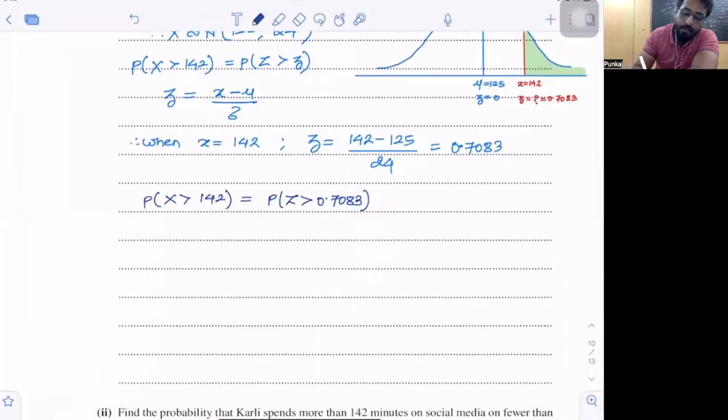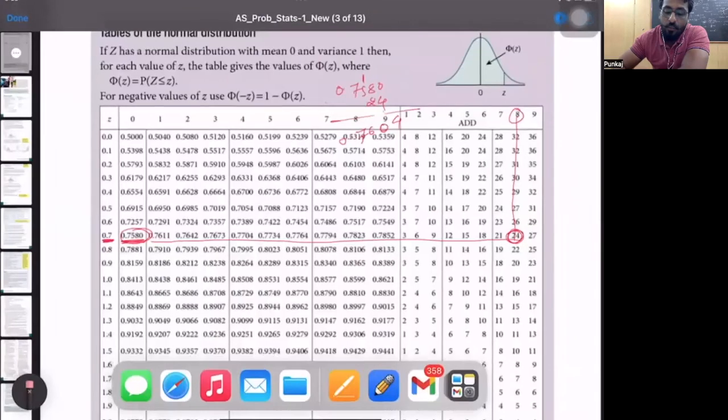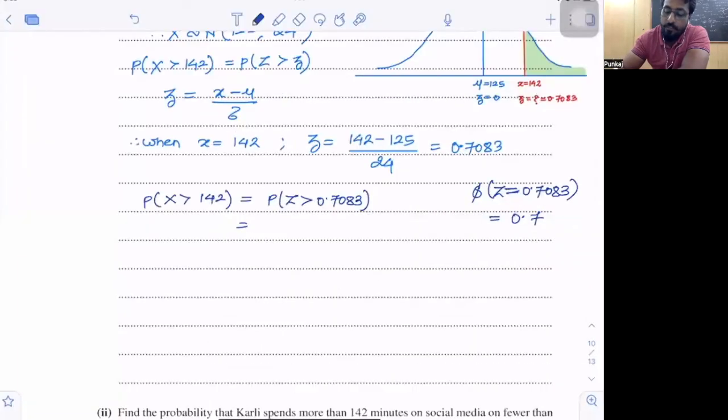Now again, very important. I have given you the value of phi of Z equal to 0.7083, and that value has come 0.7604. What do you mean by this?